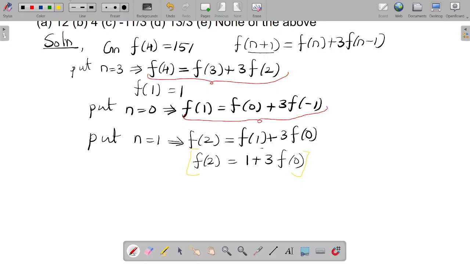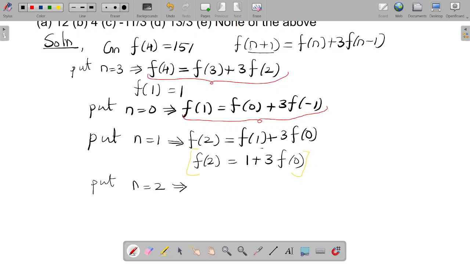Now we can do again, because now we have f(0) and f(2). Put n = 2, the next step. Let us check what will happen when n = 2.